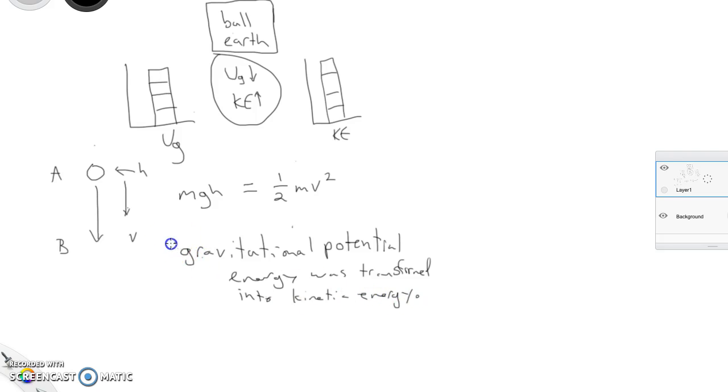Okay, and so this is our transformation. It's a statement of our transformation. Or we could be more specific: the gravitational potential energy of the ball was transformed into kinetic energy as it fell.